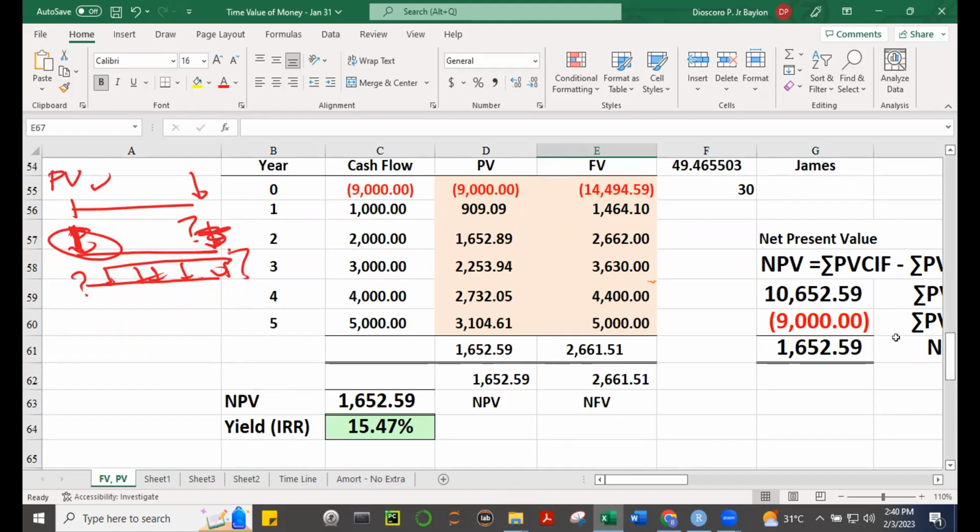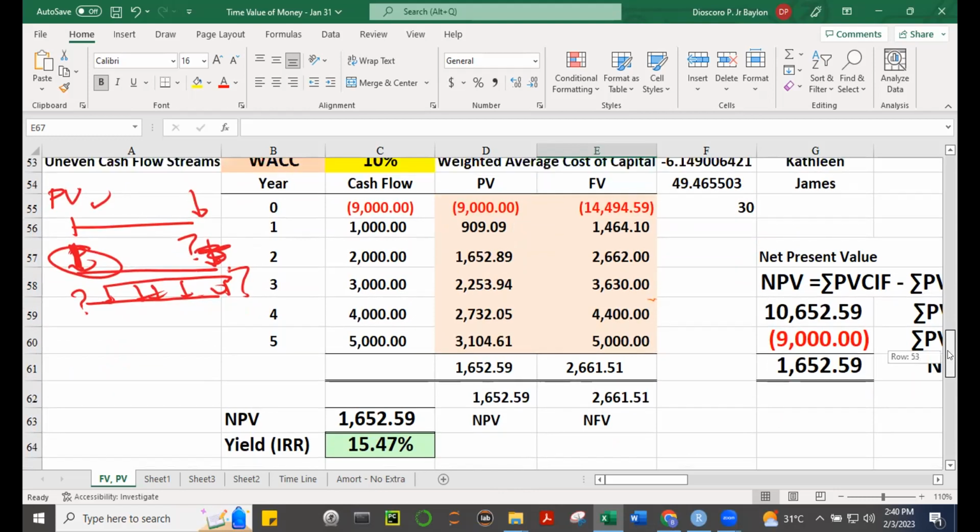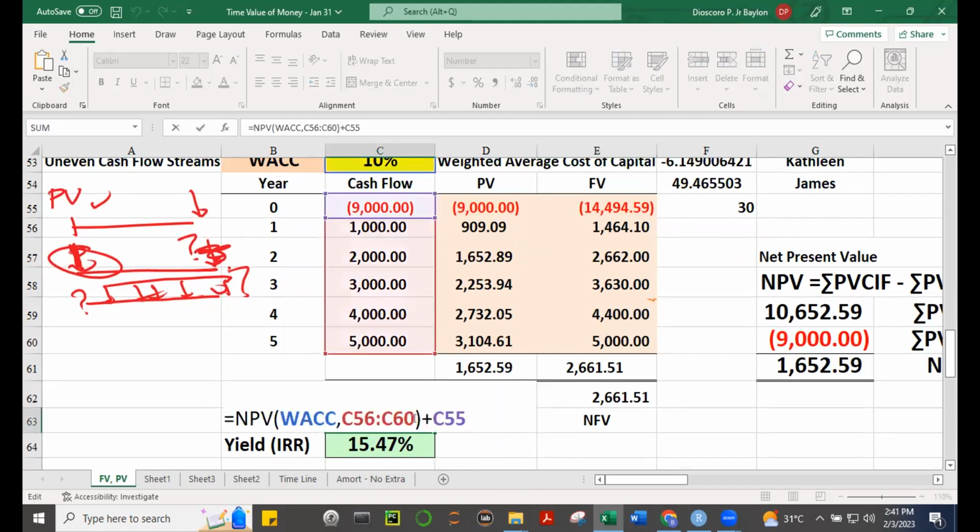Another way to determine the NPV of a project is by using the NPV function. The only thing that we have to remember here is that the NPV function is computed based on the future cash flows.